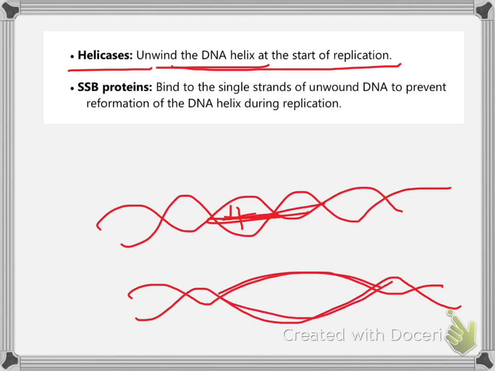So they unwind the double helix. And the next one is SSB protein, single strand binding protein. This binds to the single strand of the unwound DNA to prevent the reformation of the DNA helix during replication. That is, they bind to the unwound DNA to prevent the rejoining of the helix.